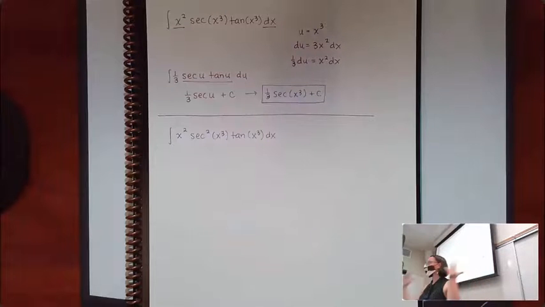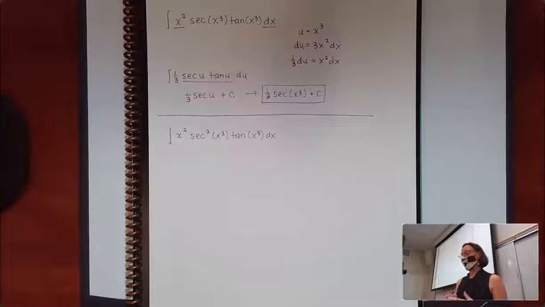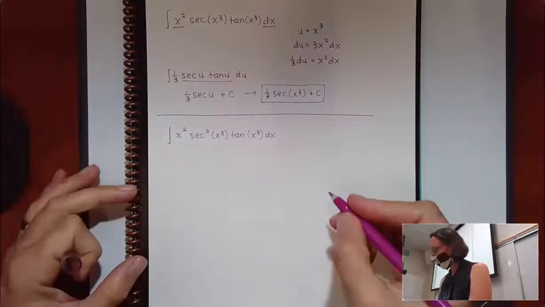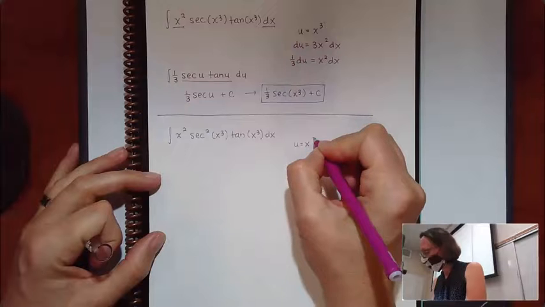So I just did one little thing, but that one little thing made a very large difference in how I'm going to approach this. Honestly, I'm probably still going to look at that and see the x cubed and the x squared and go, let me do that u substitution so what I'm looking at looks a little bit better. So I would probably start with that same u substitution.